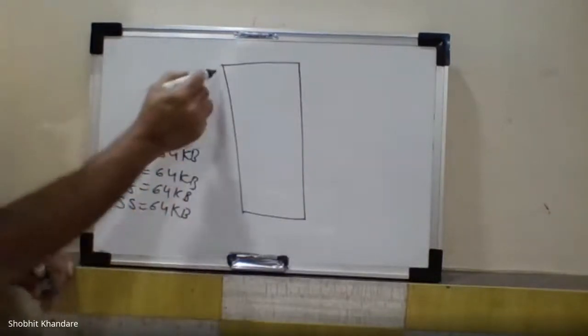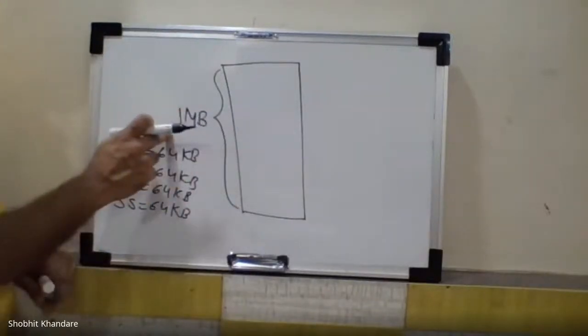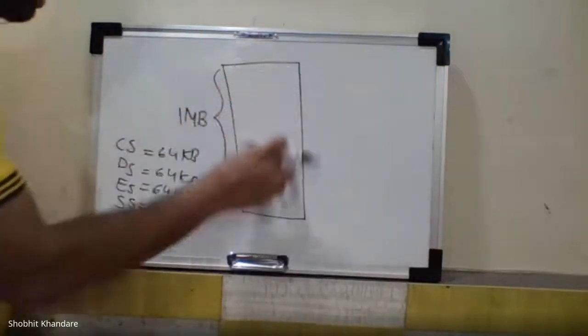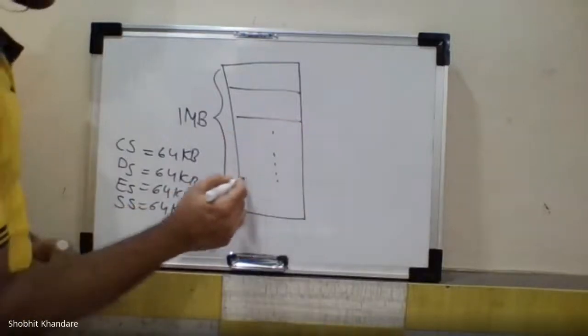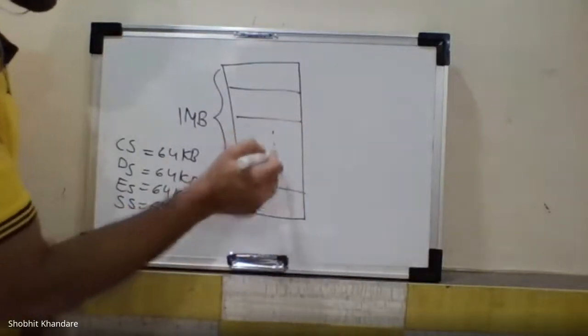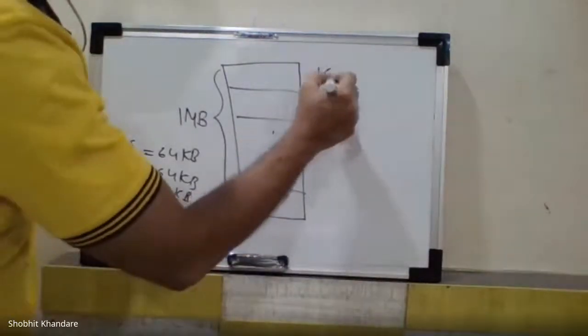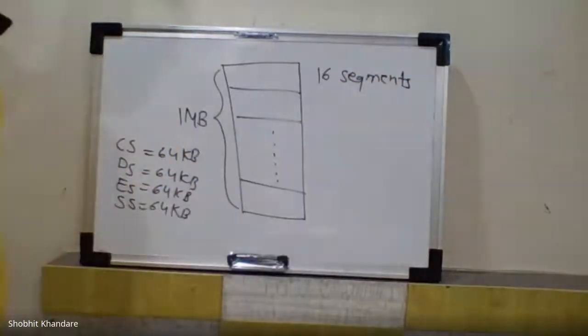So if I tell you that the total memory is 1 megabyte and each segment is 64 KB, can any one of you tell me how many such segments we will have in total? It will be 16 segments.